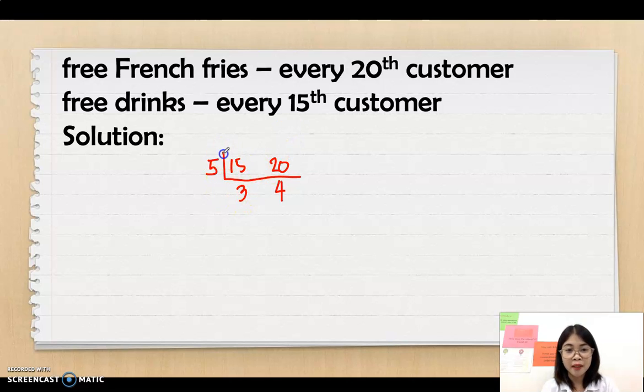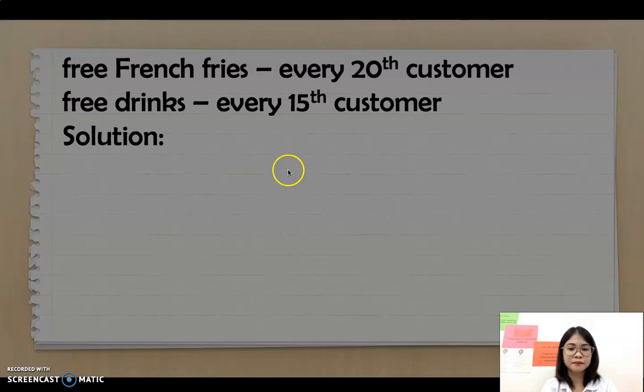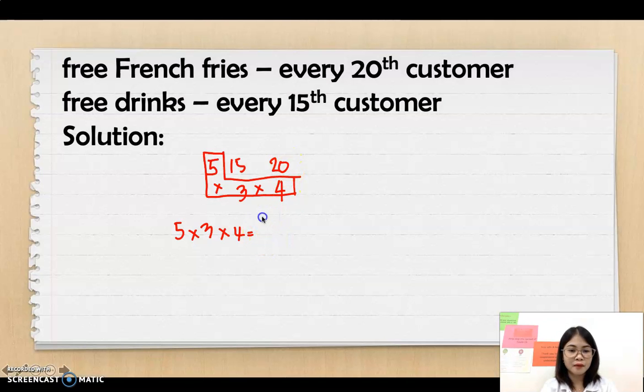So you multiply 5 times 3 times 4. 5 times 3 is 15, times 4 is 60. So on every 60th customer, you can get free French fries and free drinks at the same time. So the LCM is 60.